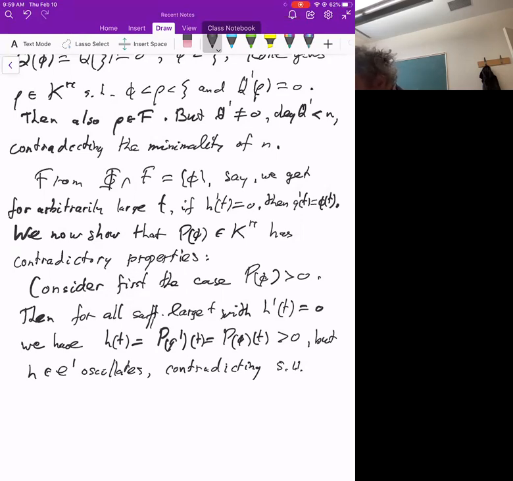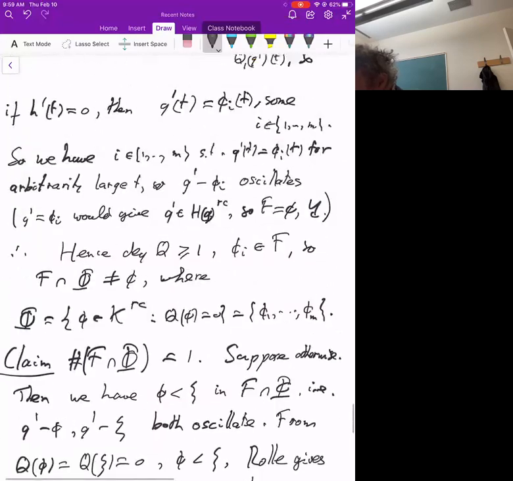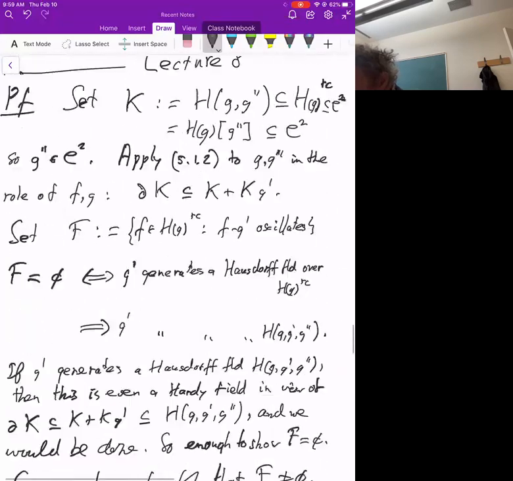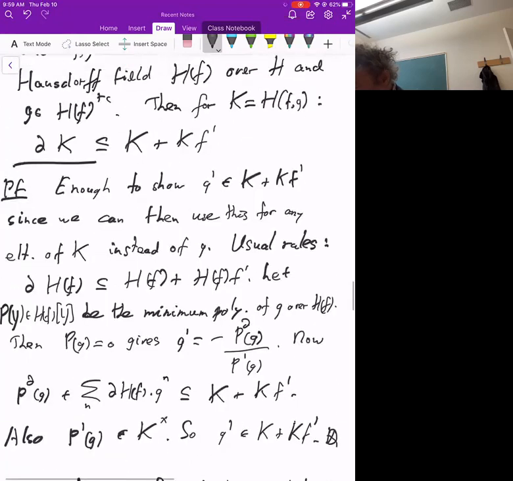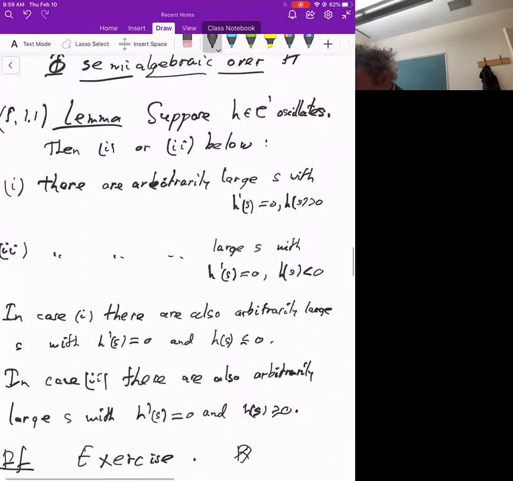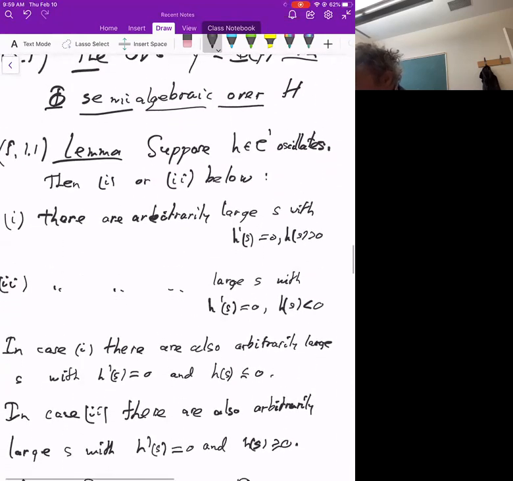Right, let's go to 511. If you have a C1 germ that oscillates, then there can be arbitrarily large s's where h prime s is 0 and h s is bigger than 0.